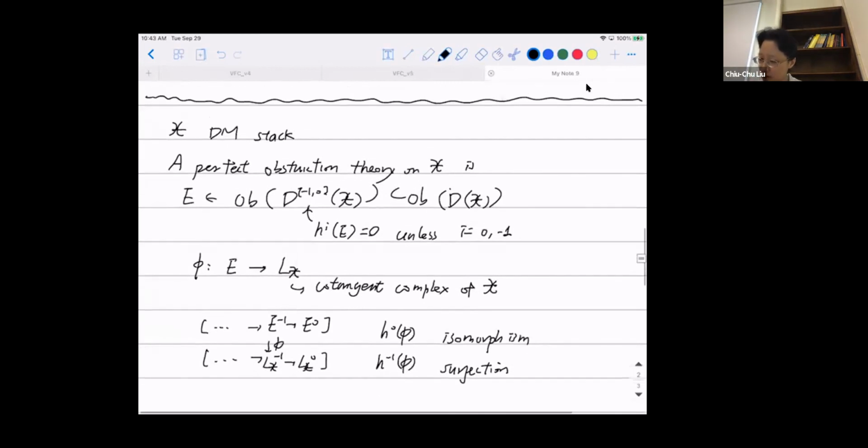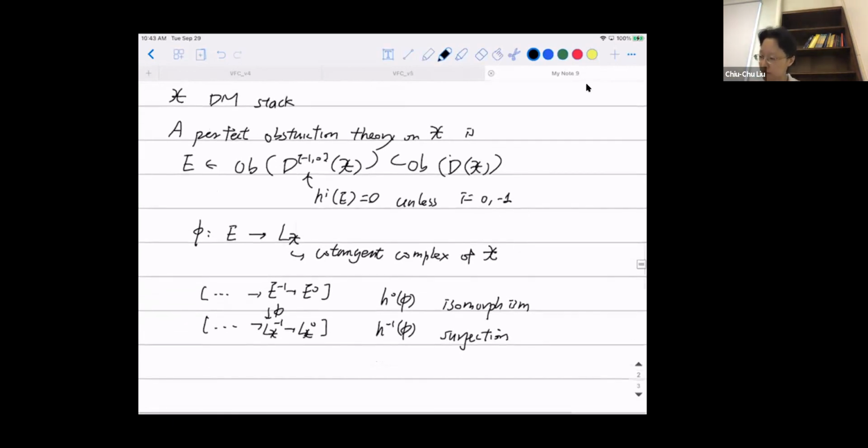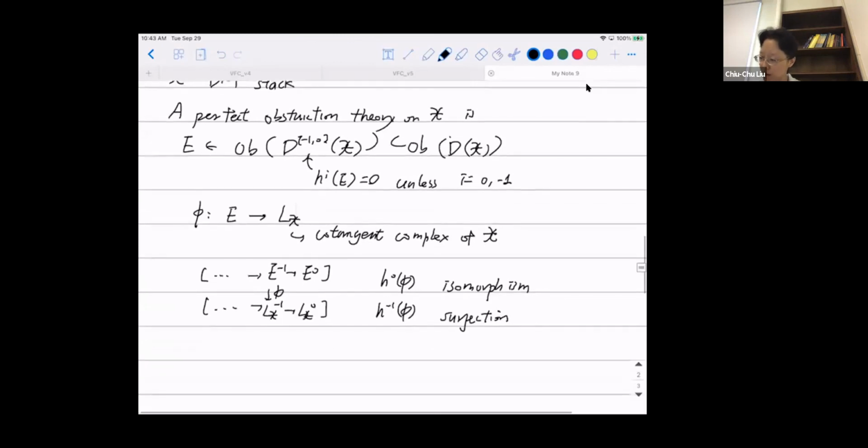Okay, so now we want to understand an object on a stack by taking a cover, an atlas by schemes, so that we can understand it in terms of schemes.